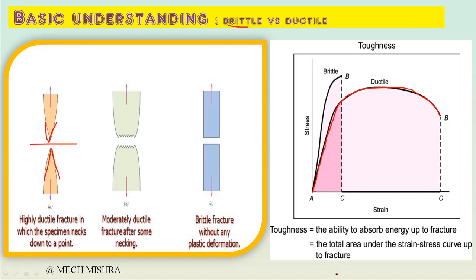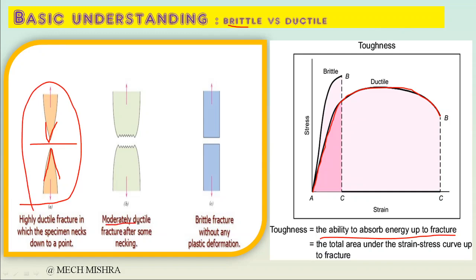So what is toughness? It is the ability to absorb energy up to fracture. It is the total area under the stress versus strain curve. So this is a ductile failure, a ductile material.